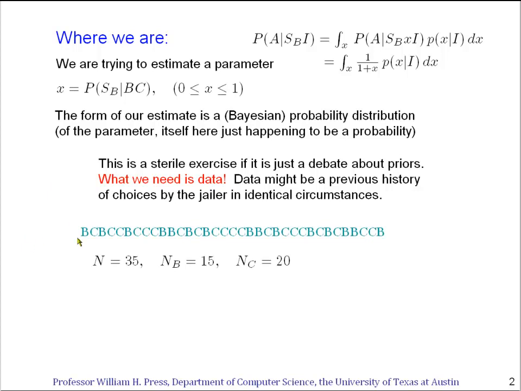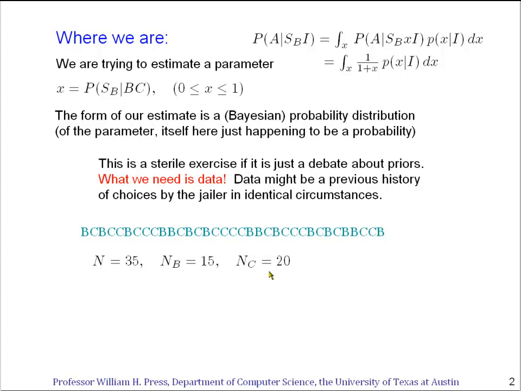It would be a succession, a string of B's or C's that tell on each occasion whether the jailer said B or C in the identical circumstance. And I'll save you the trouble of counting them all up. It turns out we have 35 pieces of data, of which 15 are B's and 20 are C's.